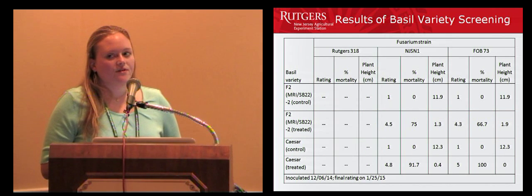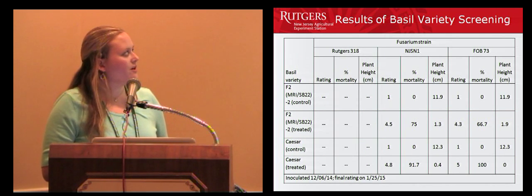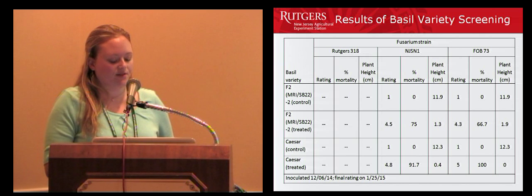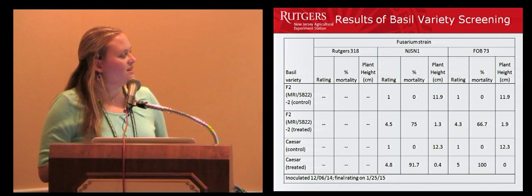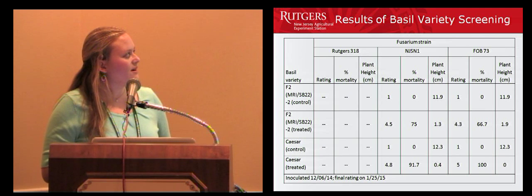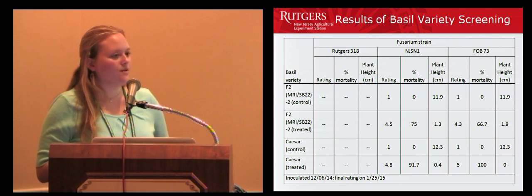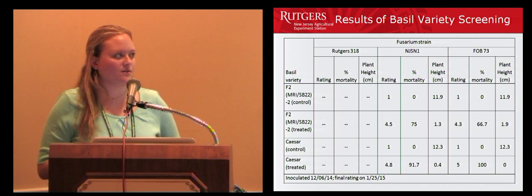With the cross that Rob was talking about earlier, where some of the plants survived and some didn't, that's the result of this cross. As you can see here, there was some mortality compared to the control, so it doesn't show complete resistance.